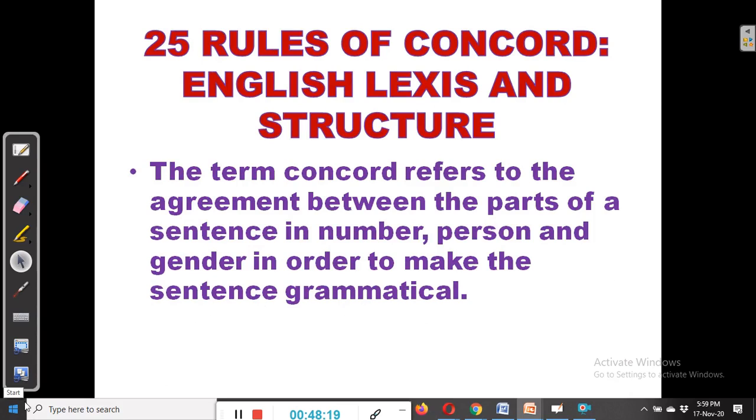And I earlier said that the violation of rules of Concord accounts for the majority of instances of grammatical errors in the use of English, especially by second language users of English. And so we have been able to look at it.